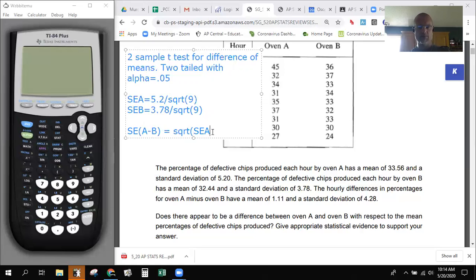We have to add the variances. Okay, that would give us that value. So let's come over here and actually do that.